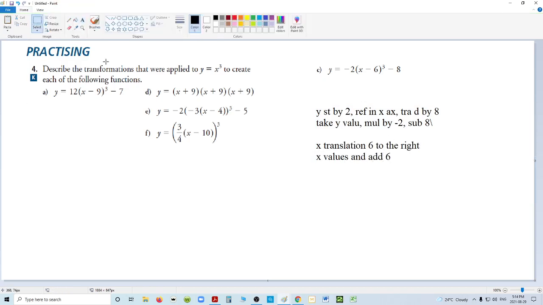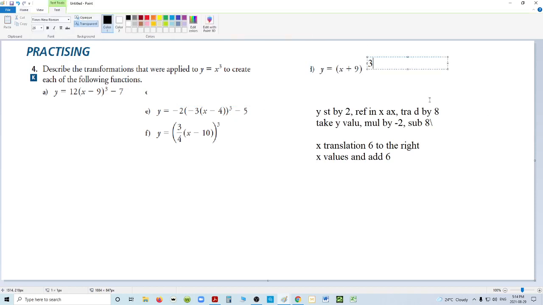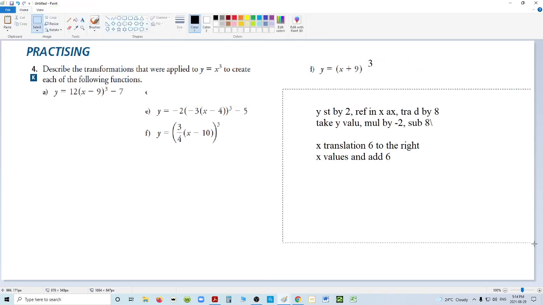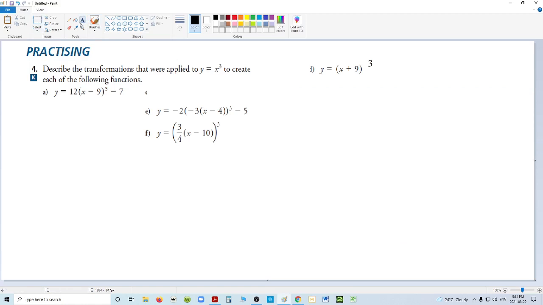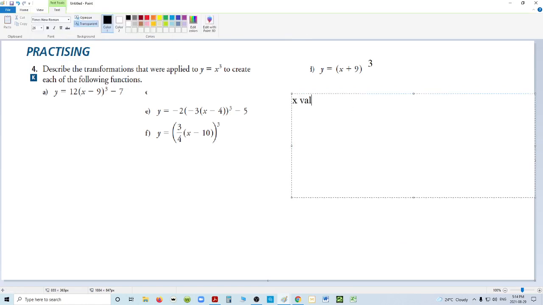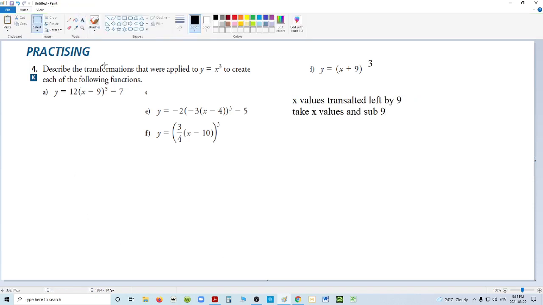Now this one looks trickier than it is. And just keep in mind that that is the same as x plus 9 cubed. And you can instantly see that there's only one x translation. And the x values are translated left by 9, which means take all your x values and subtract 9. And they're very nice, this one.